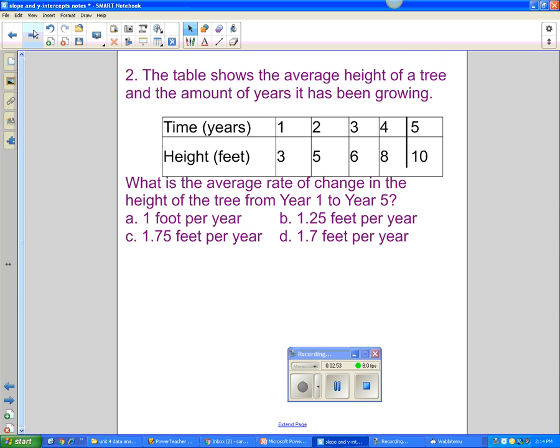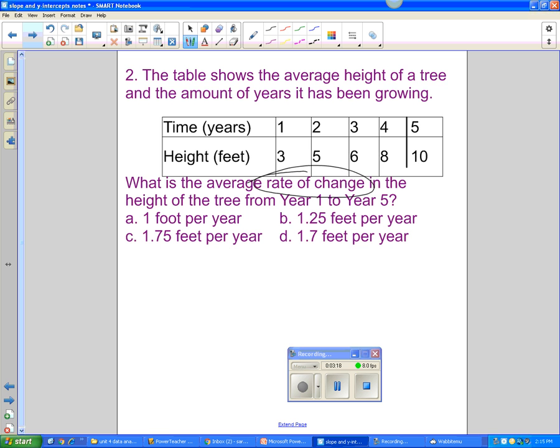The table shows the average height of a tree and the amount of years that it has been growing. What is the average rate of change in the height of the tree from year 1 to year 5? Dylan, what's something that I should circle? Ethan H., what is rate of change?